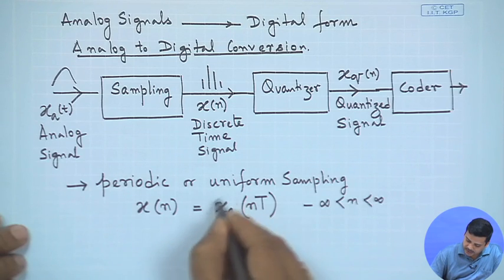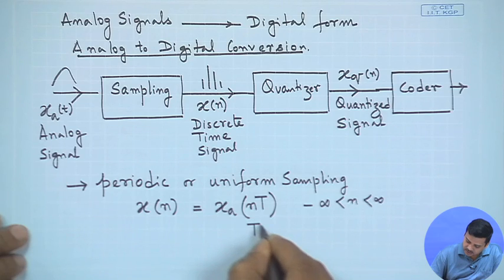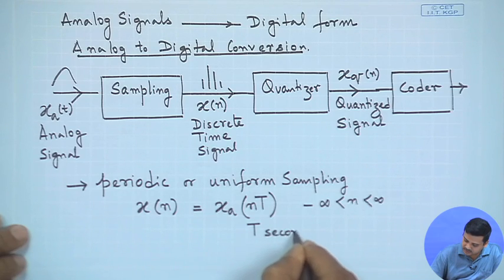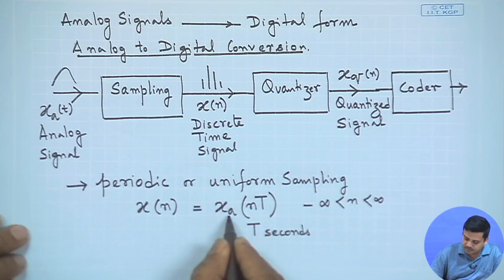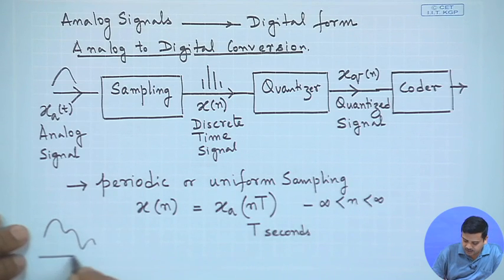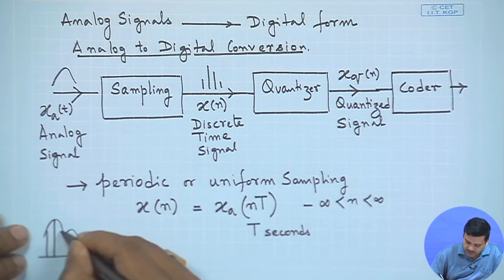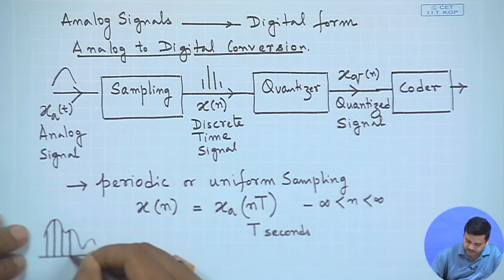So, x a of t has been sampled at every interval of t seconds. So, every t seconds we are taking samples of it. That means, if there is an analog signal, we are going to take samples at every fixed interval.